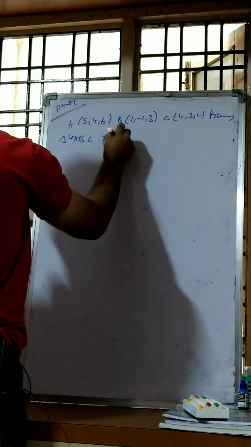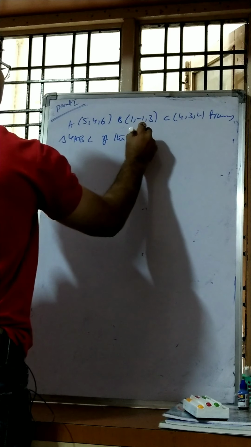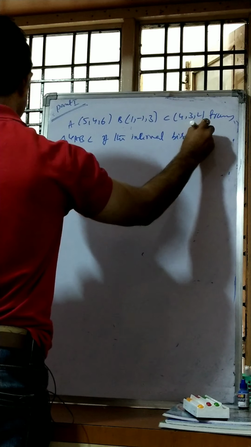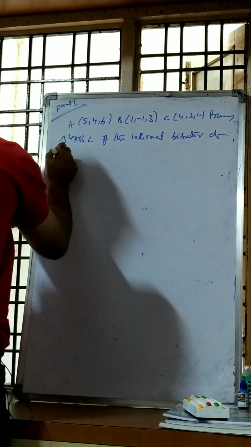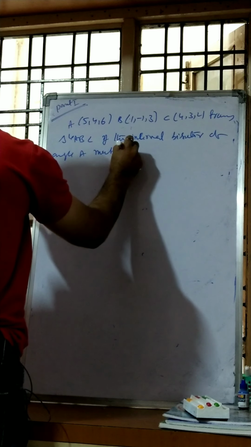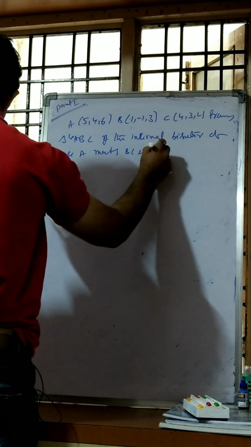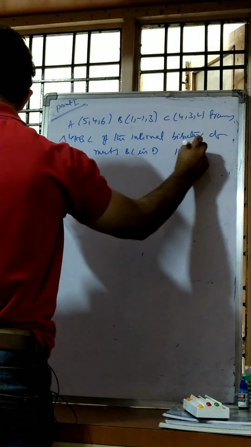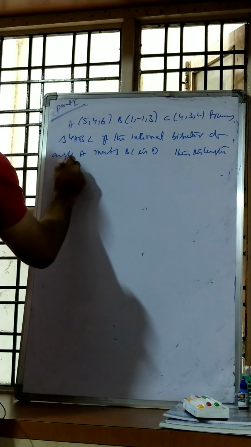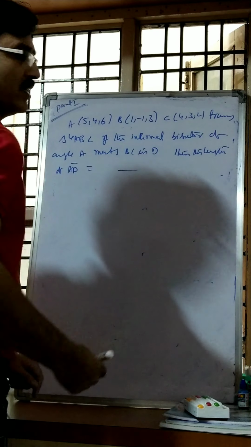If the internal bisector of angle A meets BC in D, then the length of AD is equal to dash, is said.